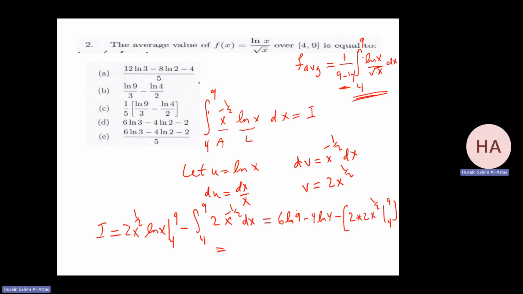So that gives me what? 9 is 3 squared, so the square will go out. That will be 12 ln 3, and the same thing for that one. So I have minus 8 ln 2.